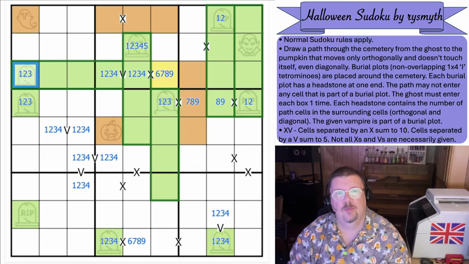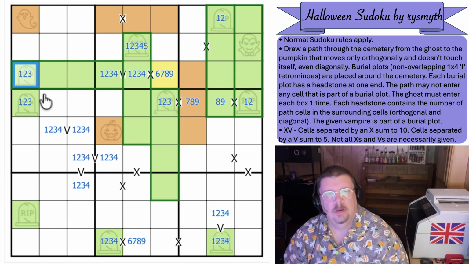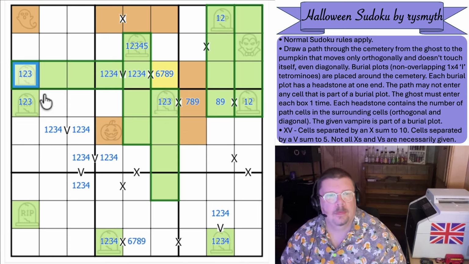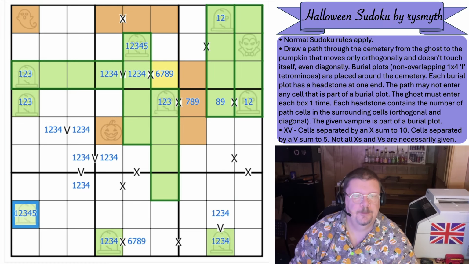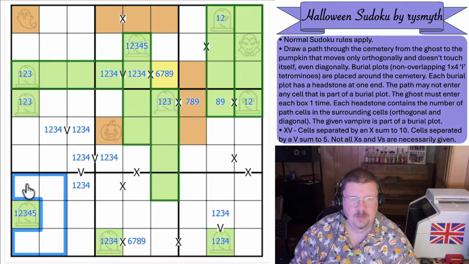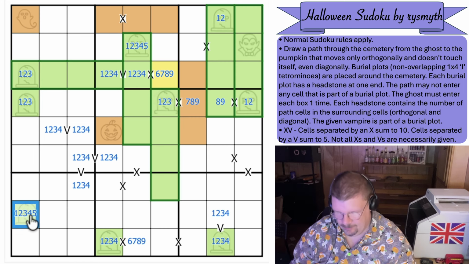So that's 1, 2, or 3, because there are 3 possible places. That's 1, 2, 3, 4, or 5. Well, it can't actually be a 5, can it? Because for it to be a 5, all of those would be paths, and that means that it wouldn't have room to get out.